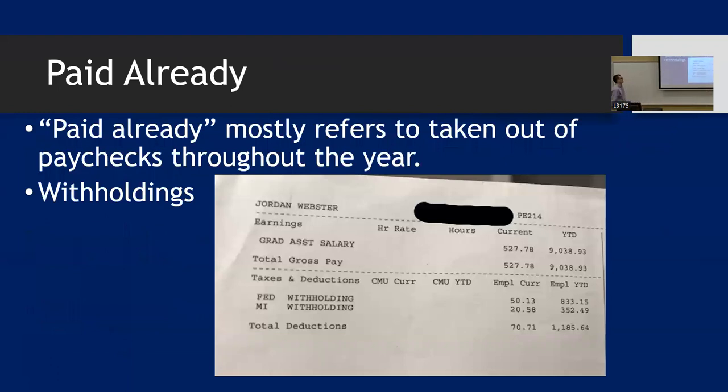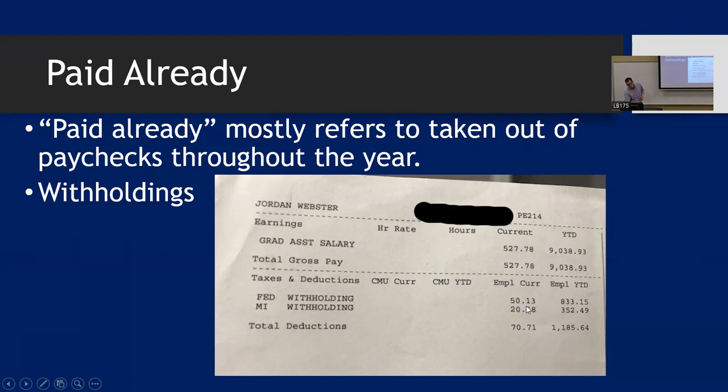Now, I found a paycheck from a long, long time ago when I was a grad student. You can see down here it shows your salary, both the current paycheck and year to date, and federal and Michigan withholding.